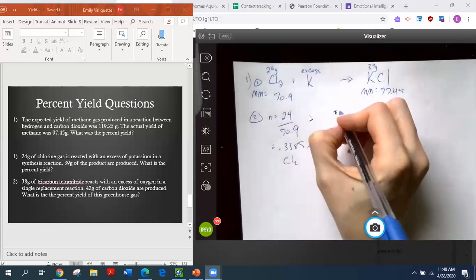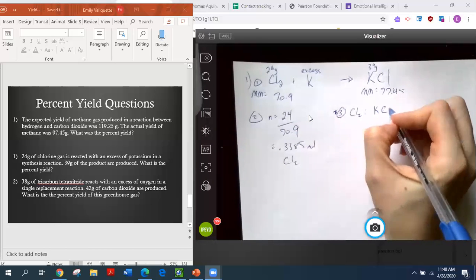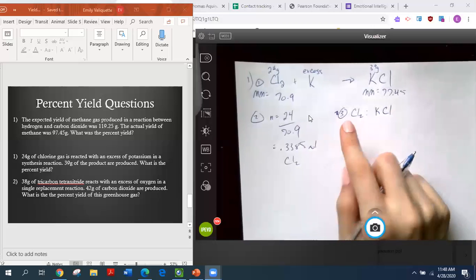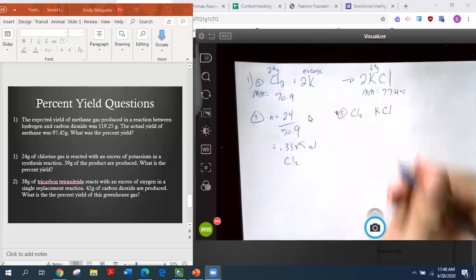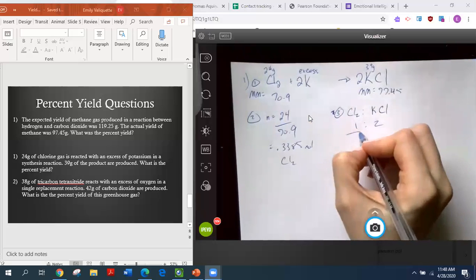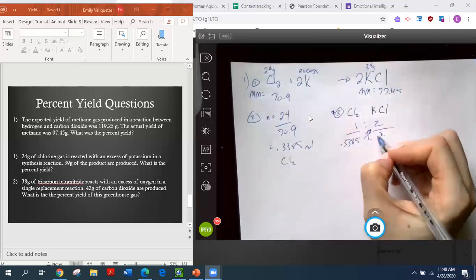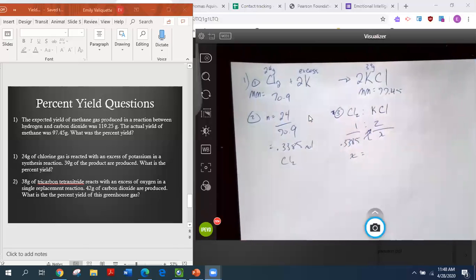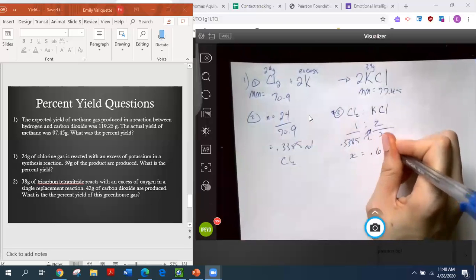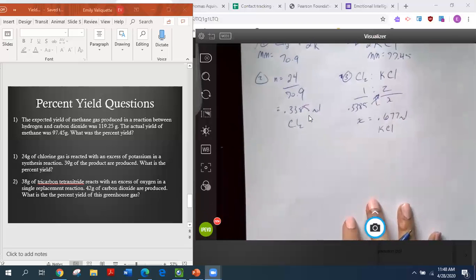I'm then, as step 3, going to set up a mole ratio between my chlorine gas and my potassium chloride. And sorry, I just realized I hadn't balanced that yet. There we go. So that is going to be a 1-to-2 ratio. And if we cross multiply, we get 0.677 moles of potassium chloride.